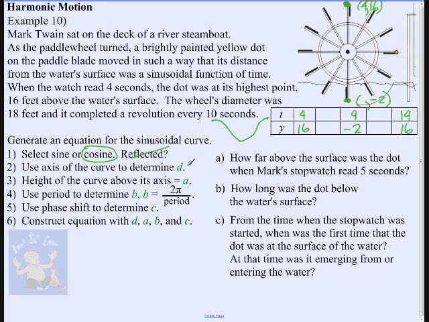Okay, so this is equal to 7, and it's positive. The height of the curve above its axis, so this is saying y is 7 at the midpoint.